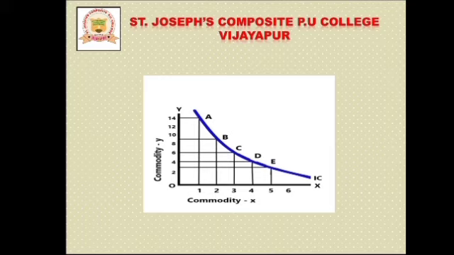The two commodities are biscuits and bananas, and the combinations are A to E, but the consumer will get an equal level of satisfaction. That means all the points on this indifference curve give equal satisfaction to the consumer. That is why it is called the iso-utility curve.